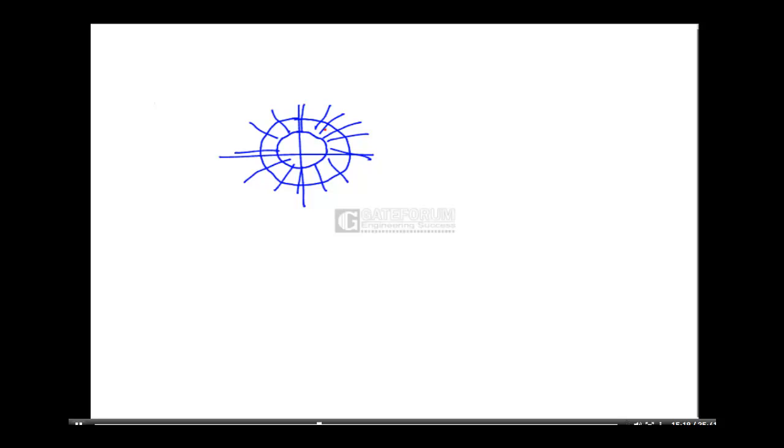It is enclosing the unit circle also. Understood? This is a unit circle.